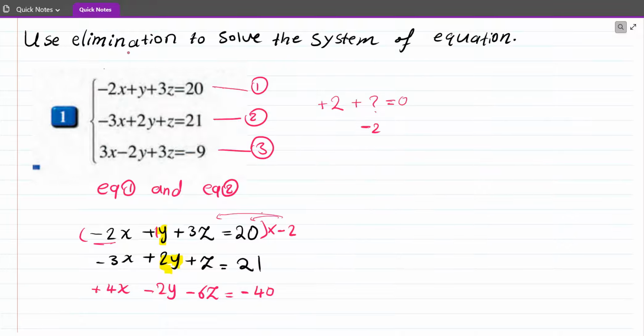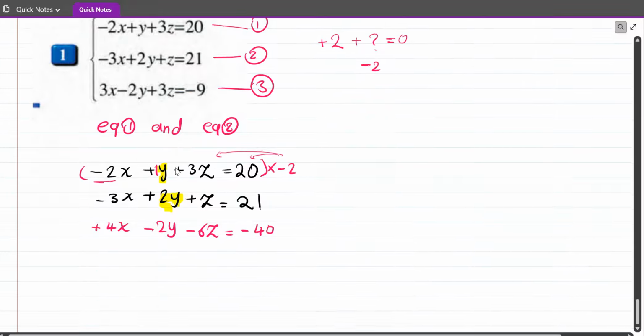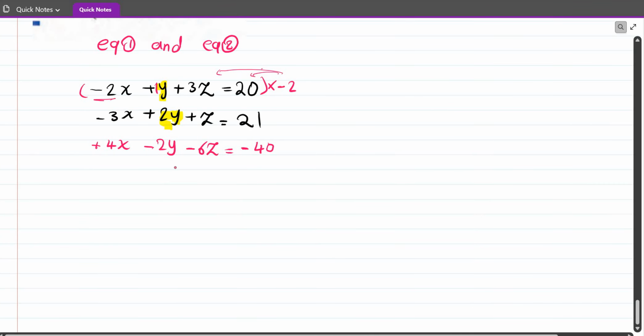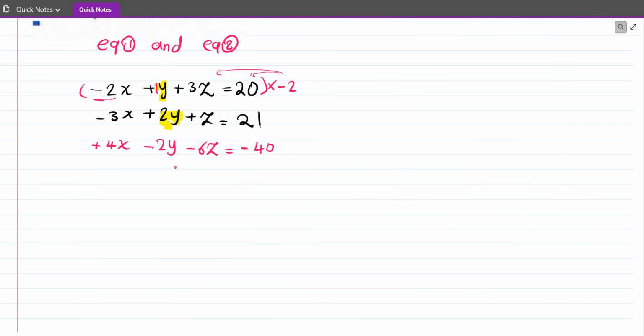So dear students, now cancel the y value. You can cancel y when you add them. What's left here? Negative 3 with positive 4 equals positive 1, or only 1x, or we can write x. This cancels because it equals 0. z minus 6z equals 1z minus 6z equals negative 5z.